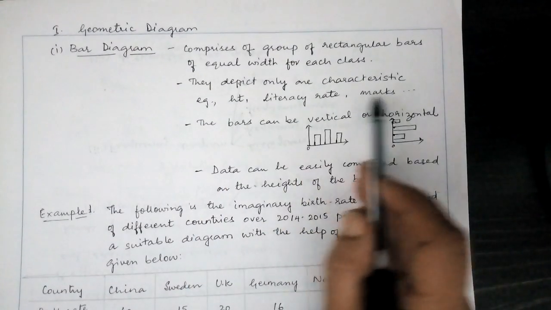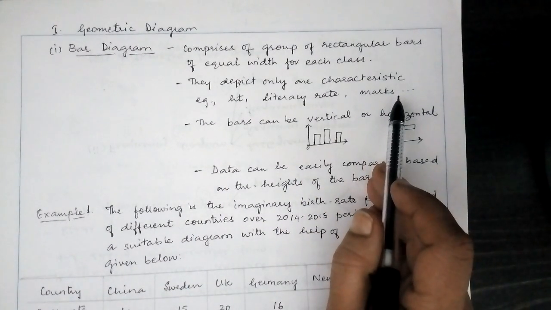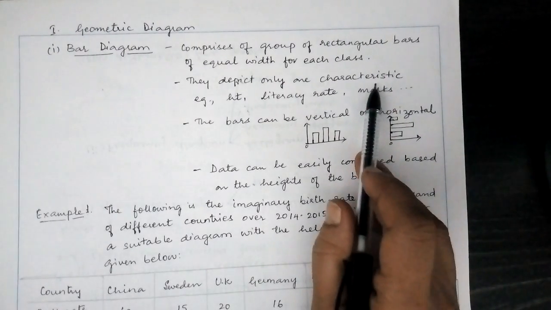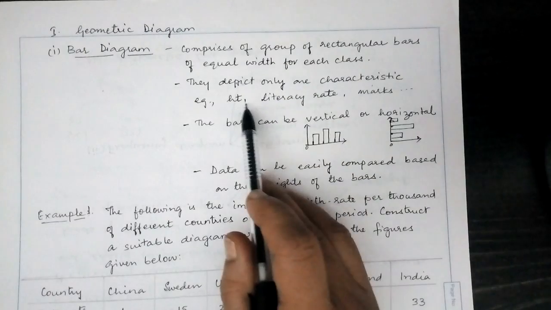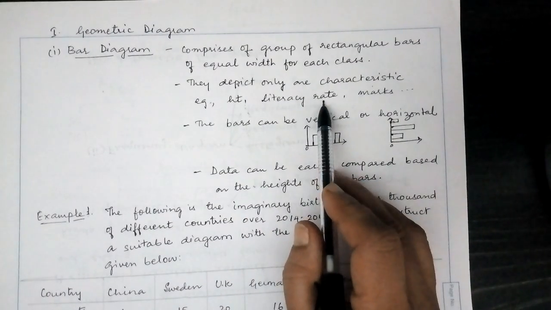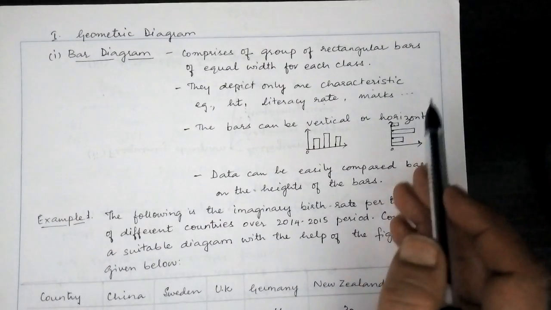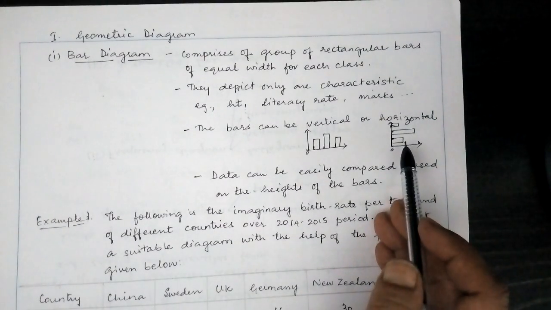These depict only one characteristic. So they are simple bar diagrams because there is only one characteristic. That could be height, literacy rate, marks, sales, anything, or population between different countries.